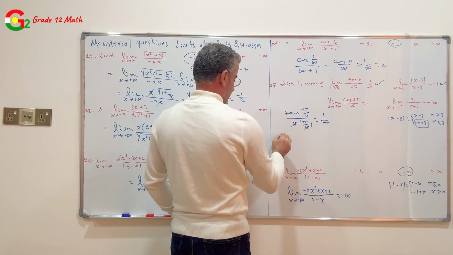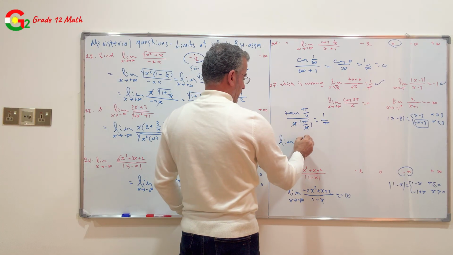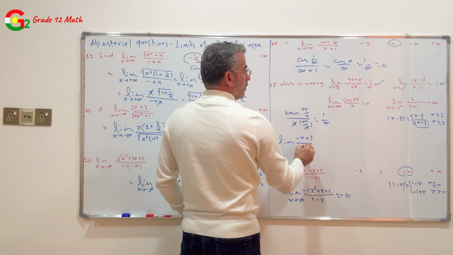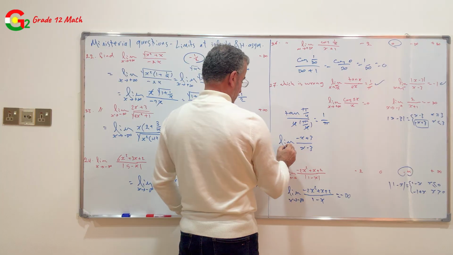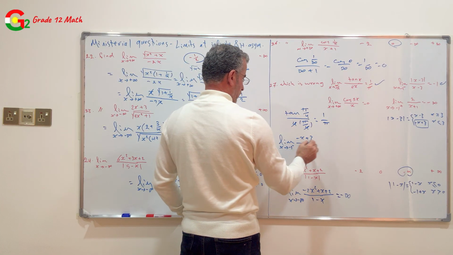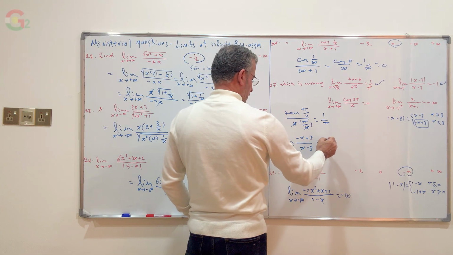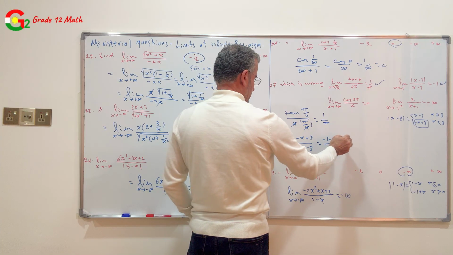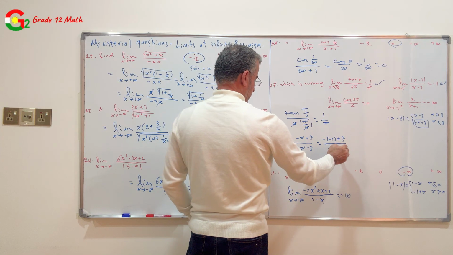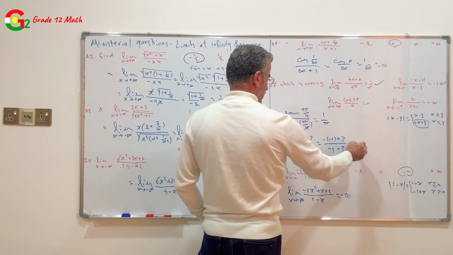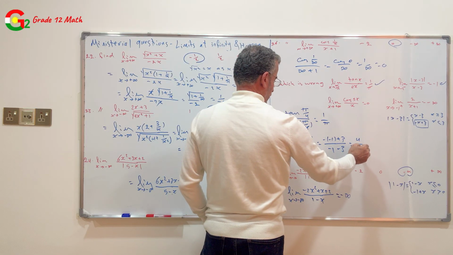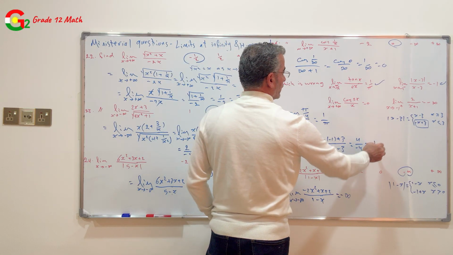Therefore, the limit will be limit negative x plus 3 over x minus 3 when x approach to negative 1 from left equal to negative 1 plus 3 over negative 1 minus 3 equal to 4 over negative 4 equal to negative 1.